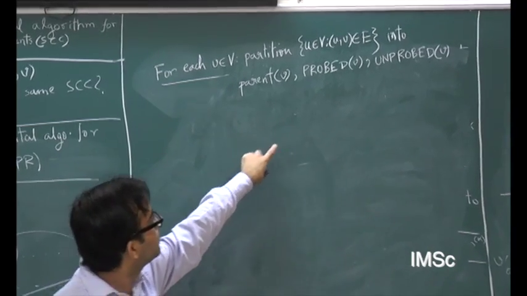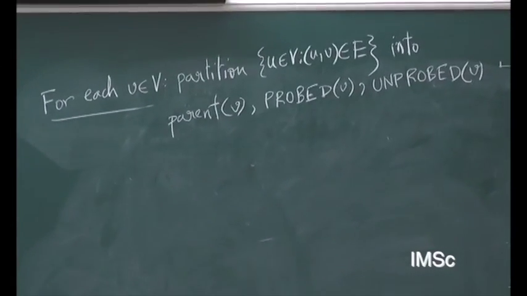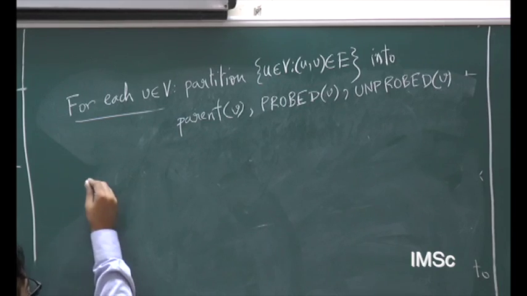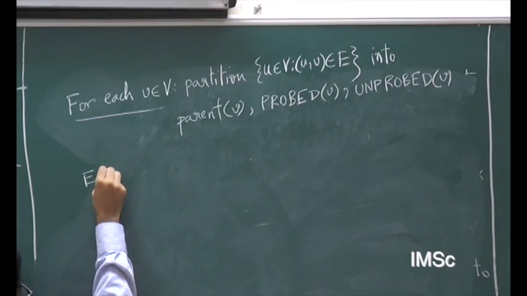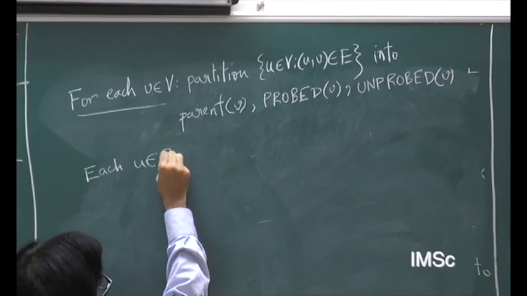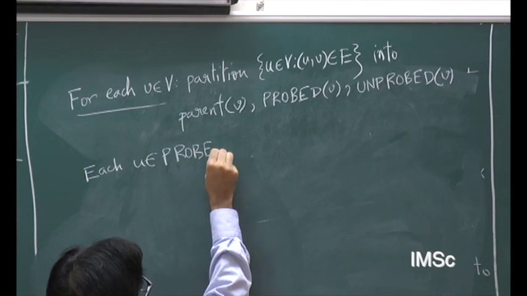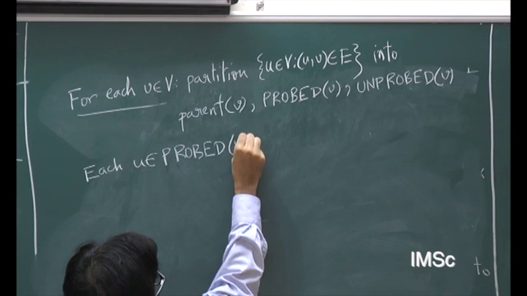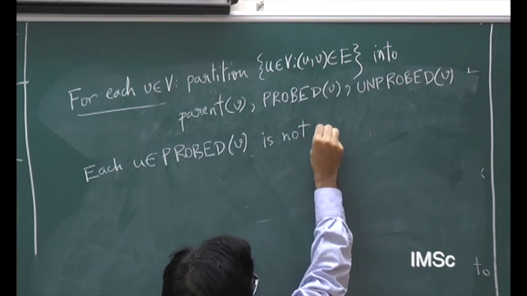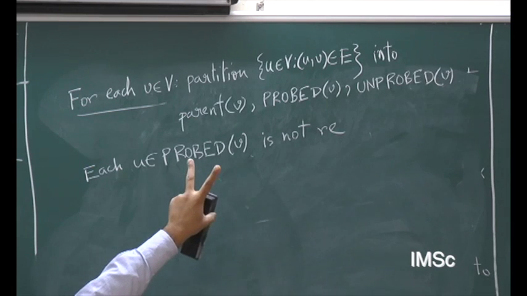Okay. Now, the guarantee will be that each edge in probed V is not reachable from S. So, each U in probed V, so they are useless. Sorry, initially probed V is empty.